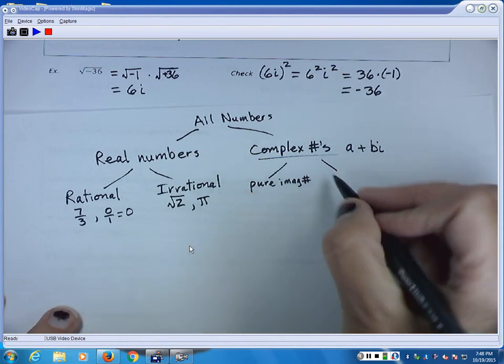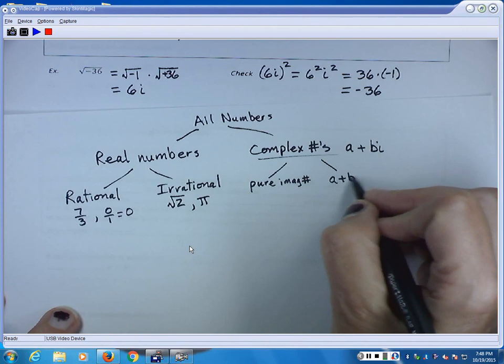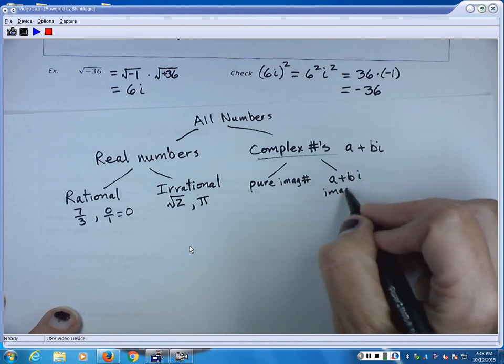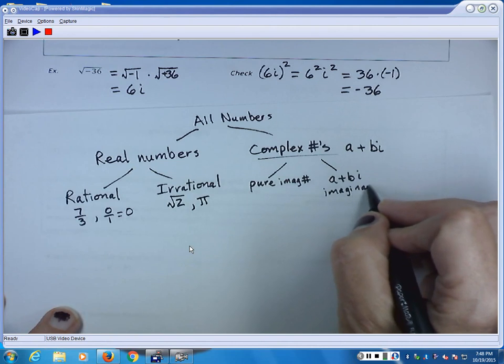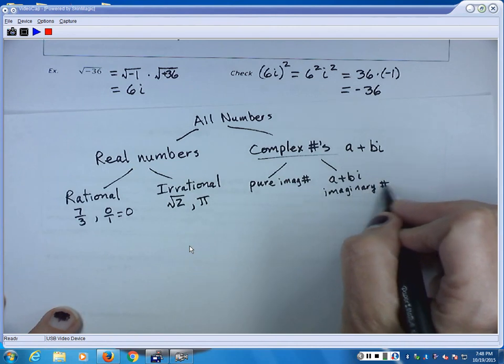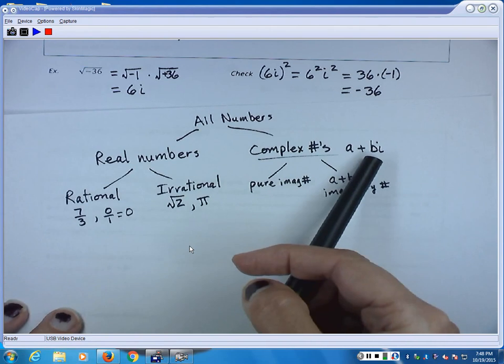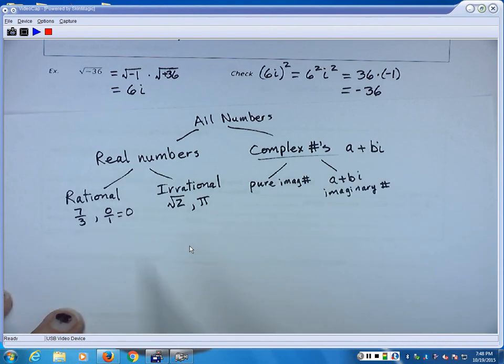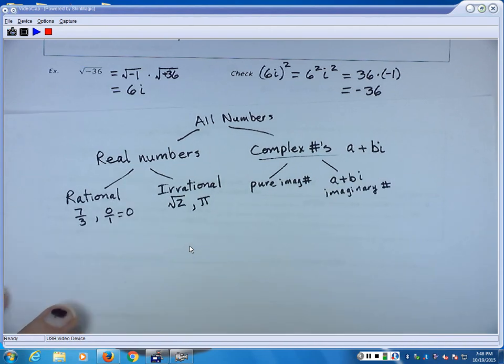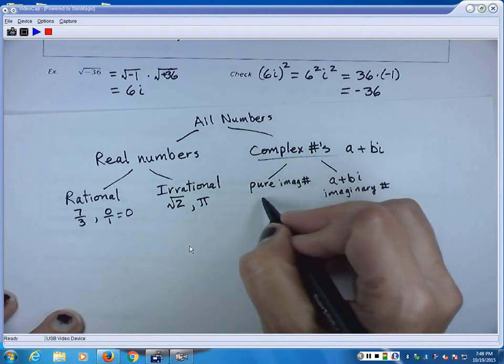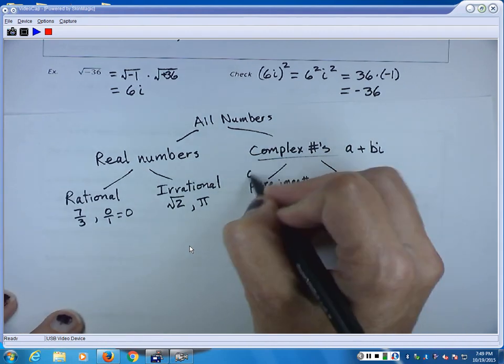Any number a plus bi is called an imaginary number. Now if b equals 0, we're over in the reals. So a pure imaginary number is just bi, where a equals 0.